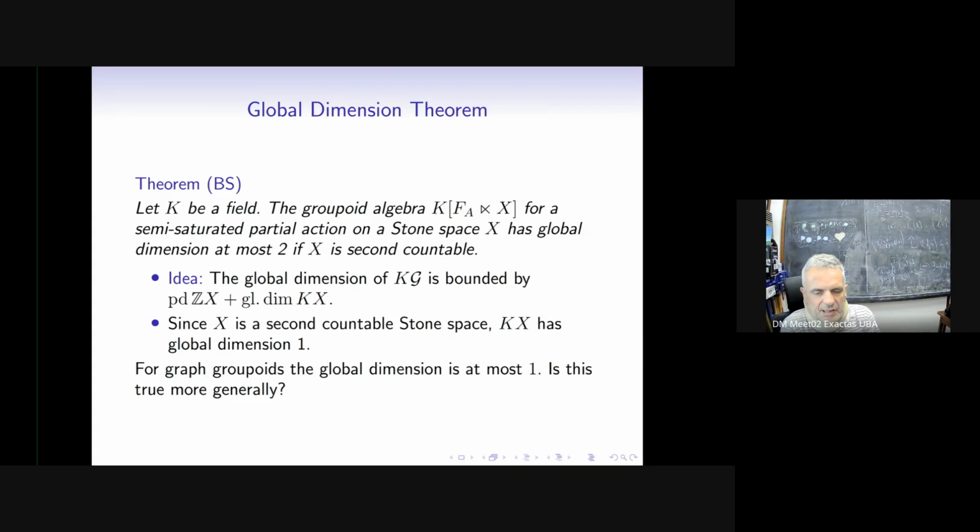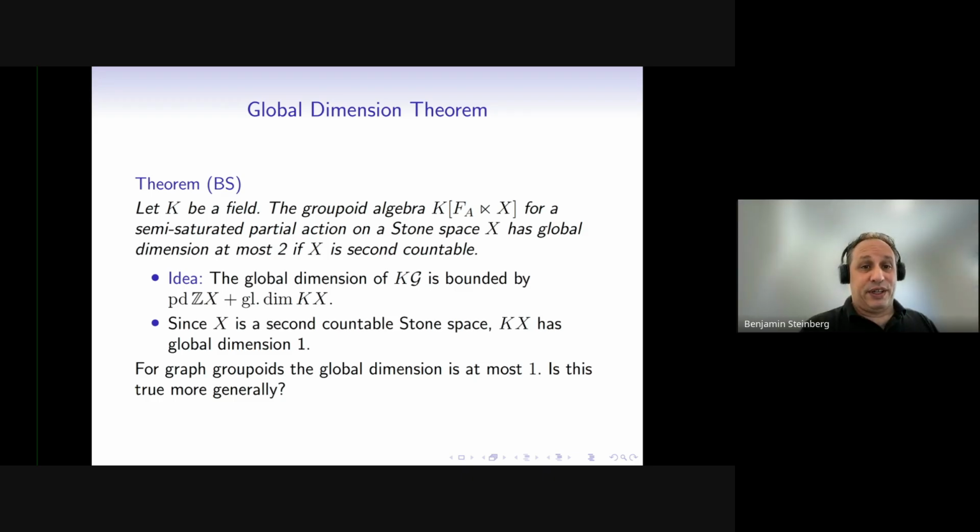I don't know how general this phenomenon is, but it does happen. For the group ring, this is precisely the case. Yeah, it's similar to what happens for a group ring: if you're working over a field, then you have to worry about the homological dimension, so the projective dimension of the supplemented thing, and then the global dimension of that ring. It's the same kind of thing.